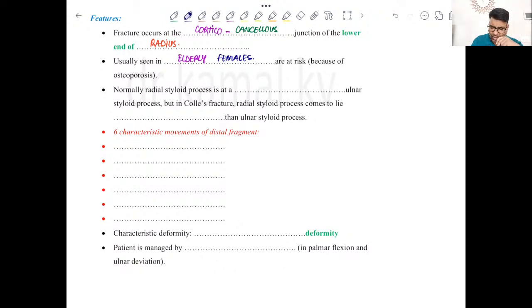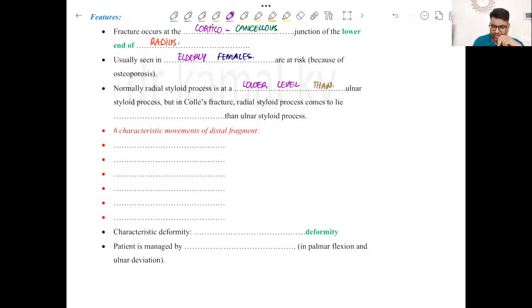So elderly females. And normally what we see, if we compare the radial styloid process with the ulnar styloid process, it is the radial styloid process which is at a lower level, right? So it is at a lower level than the ulnar styloid process, but because of fracture Colles, it migrates upward, and both the styloid processes almost lie at the same level.